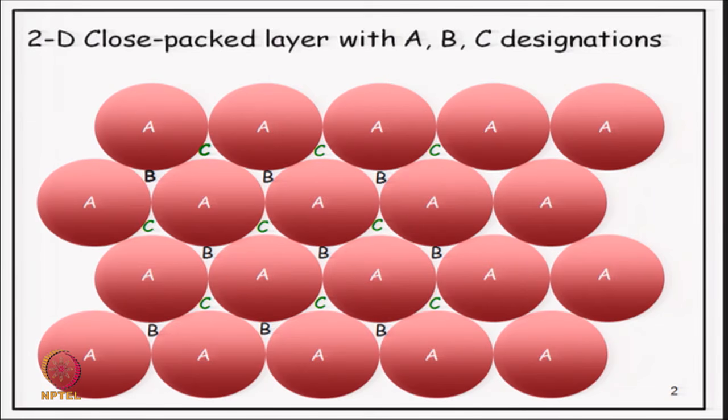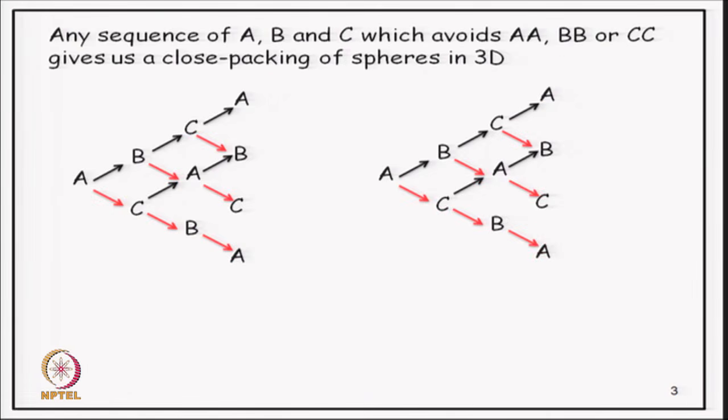either A or C. So, we have seen this diagram and we stated that any sequence of A, B and C which avoids two identical layers coming together, like AA, BB or CC, will give me a close packed structure. If we avoid identical layers coming one on top of the other, because they will not give close packing, then any sequence of A, B and C will give me a close packed structure.